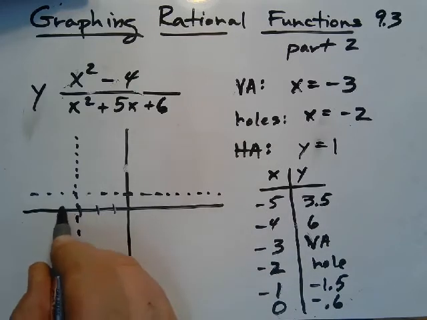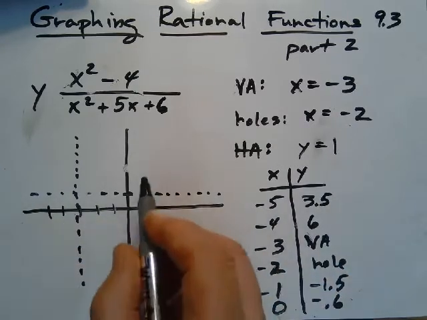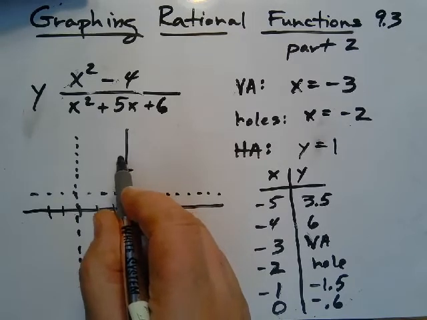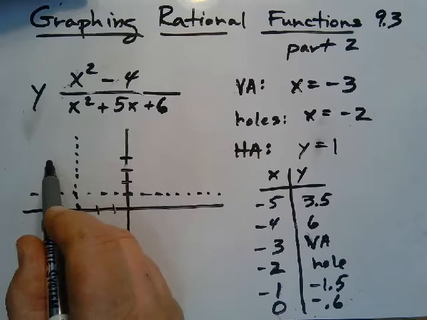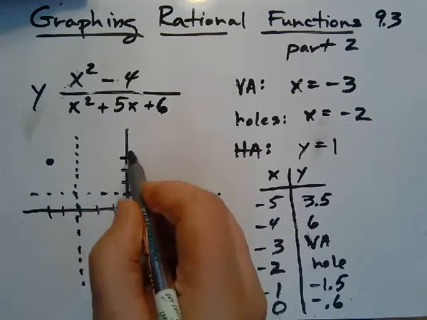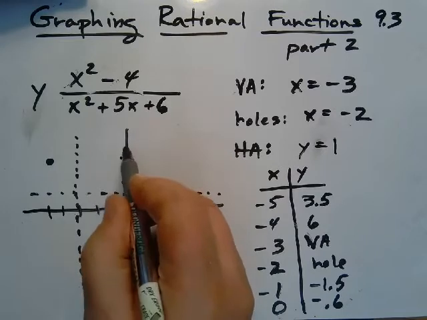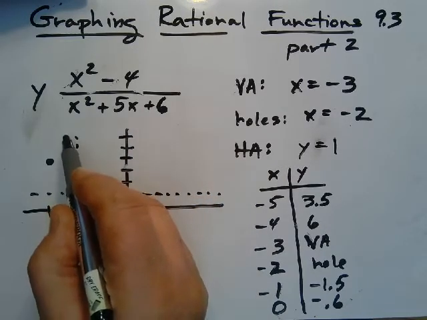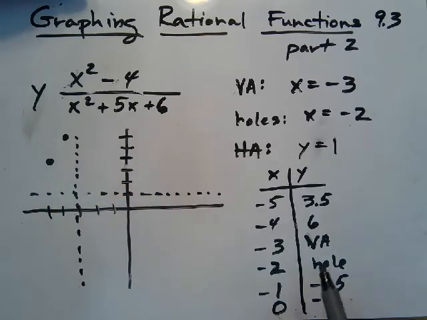Let's plot a couple points here. -5, 1, 2, 3, 4, 5. -5 went to 3.5. 1, 2, 3. 3.5 would be about here. -4 goes to 6. 1, 2, 3, 4, 5, 6. Okay. -3 was our vertical asymptote.